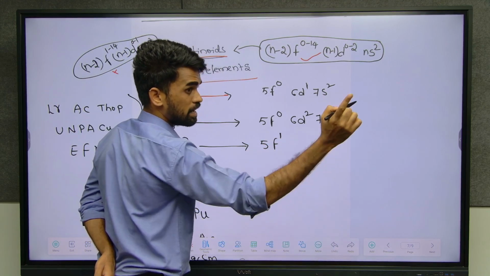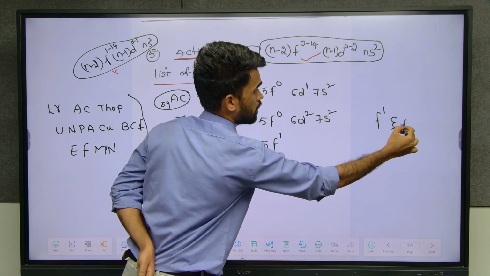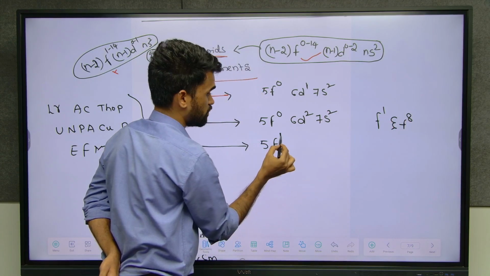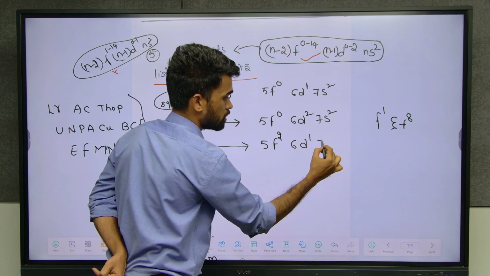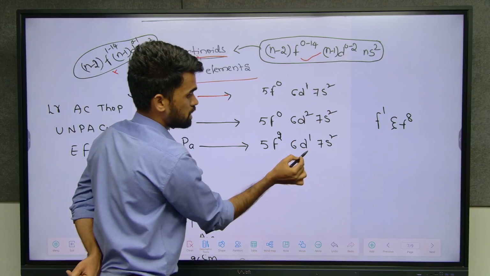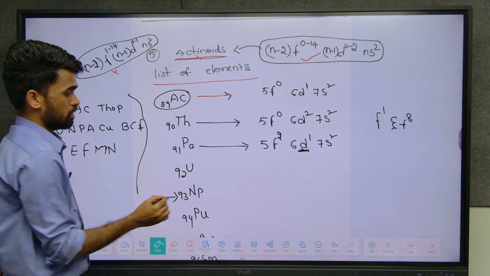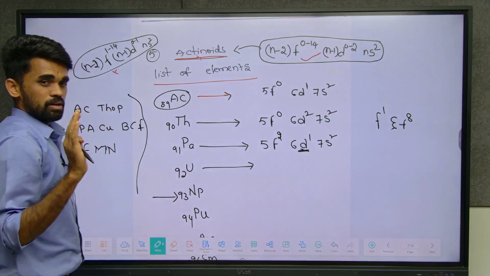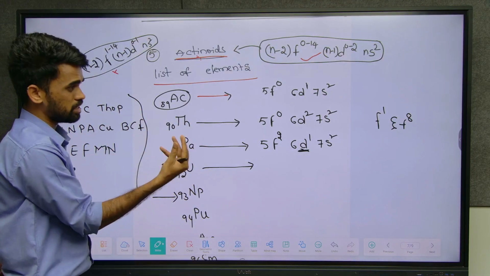Next, this one, 5f1. Listen here, what I told you while writing the electronic configuration: you are not able to see f1, so here I should not write 1, it should be 2. If I write 2 here, it becomes d1, 7s2. So this d1 continues up to Np. I am trying to give you as many useful shortcuts as possible; it's your wish to learn.